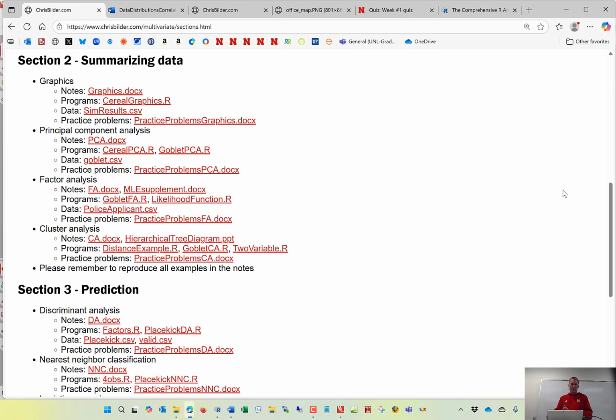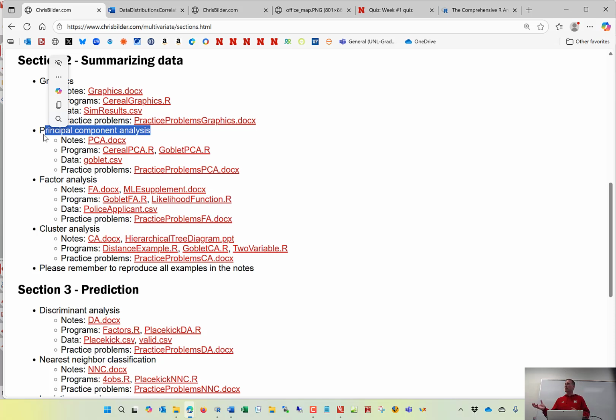Two of these are very similar to one another: principal component analysis and factor analysis. And what those methods do is say, okay, you have all these variables, let's say 10 variables. Could we somehow look for some kind of transformation of that data to a more manageable number of variables to look at and analyze those instead?